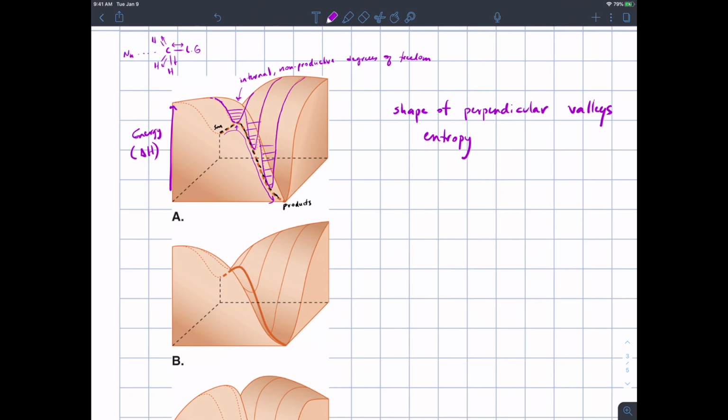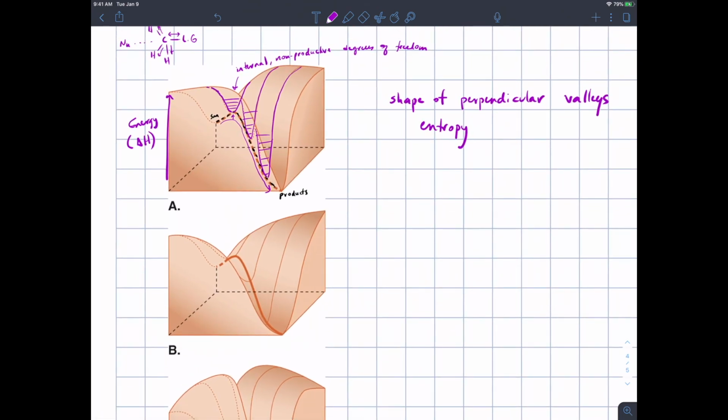If a valley is wider, as is the case here, the valley at the transition state in B is wider than the valley for the transition state in A. That means the transition state has more degrees of freedom. Wider perpendicular valley means more degrees of freedom, which ultimately means more entropy.